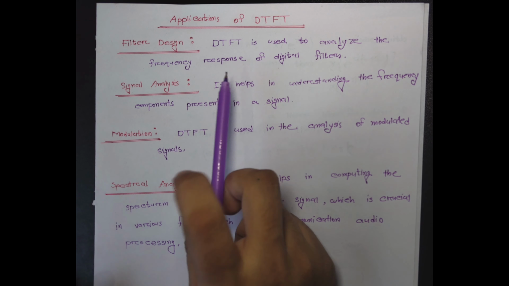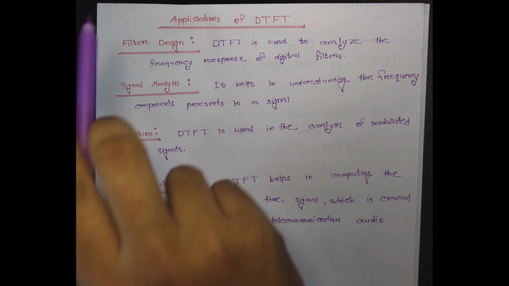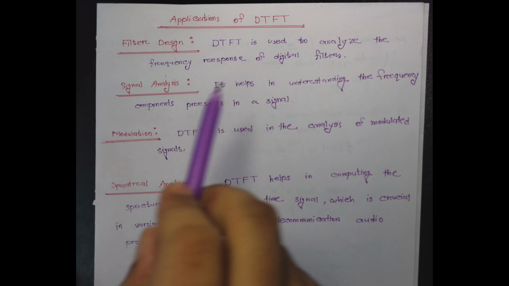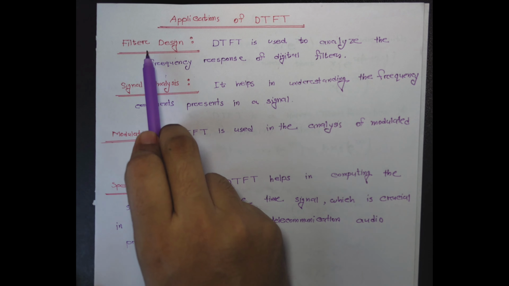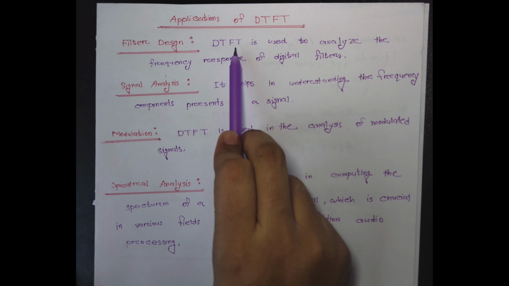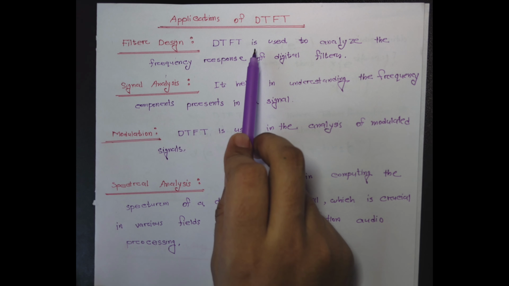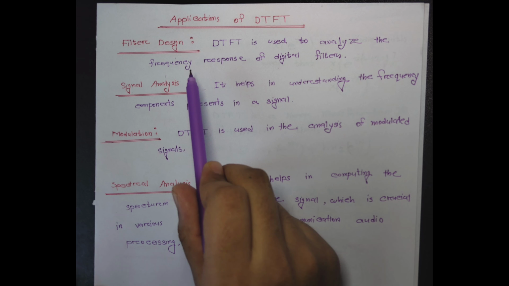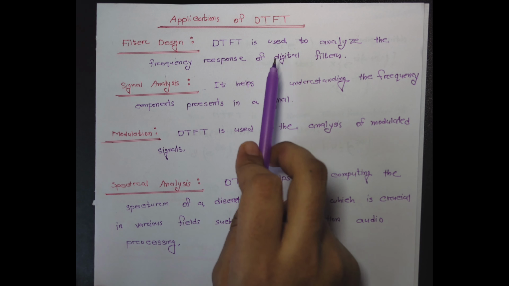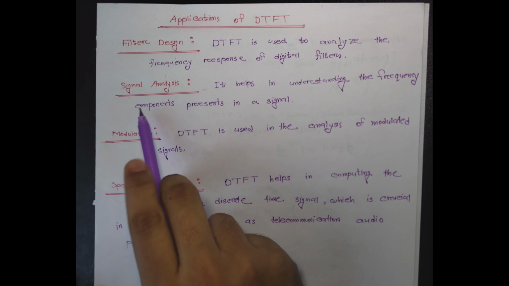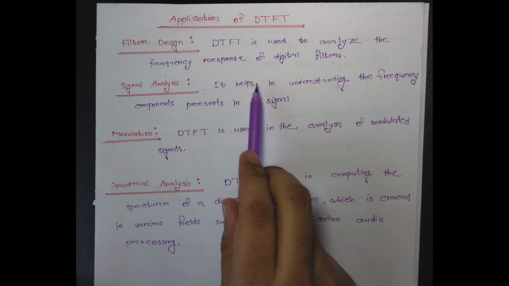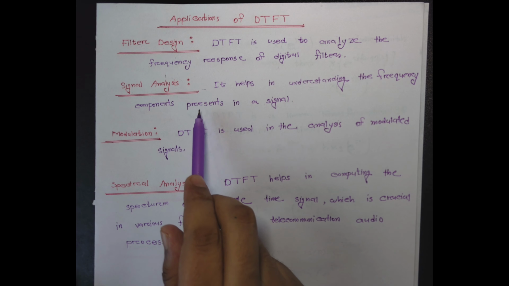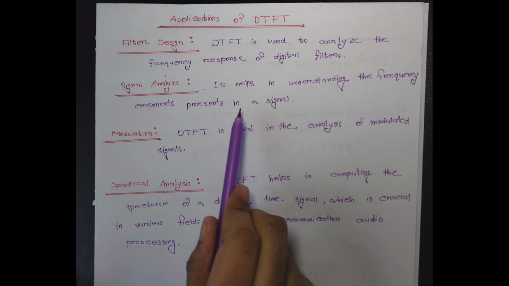Now I will discuss applications of the discrete time Fourier transform. In filter design, the discrete time Fourier transform is used to analyze the frequency response of digital filters. In signal processing, it helps in understanding the frequency components present in a signal.